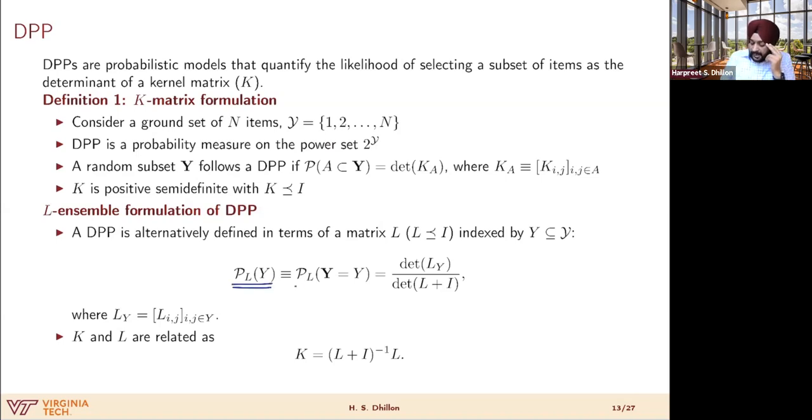This is nothing but the probability that your random subset is equal to a given subset Y. So the atomic probability of that, you can define in terms of the determinant of L_Y. Then there are some additional details, like how K and L are related and so on. We discussed all that in the paper in case you are interested, but here I want to make sure we focus on the bigger picture idea first.